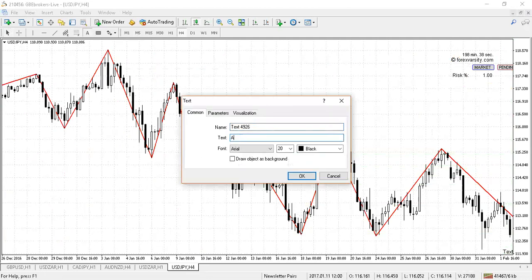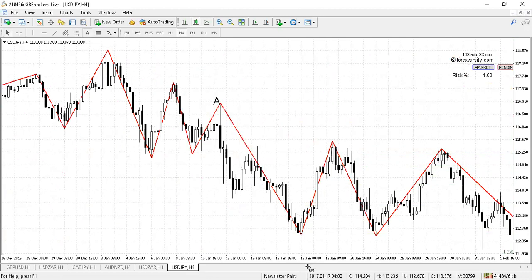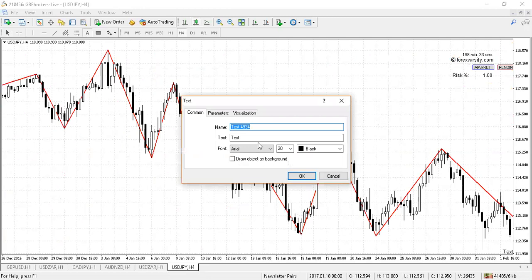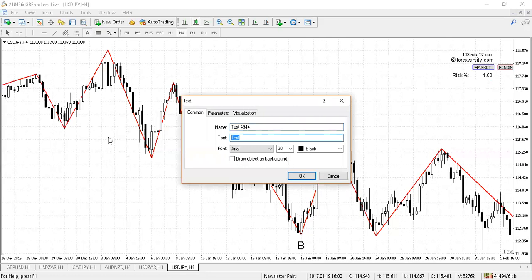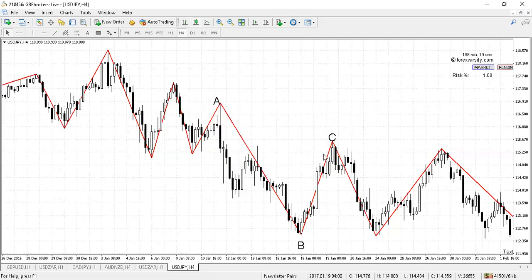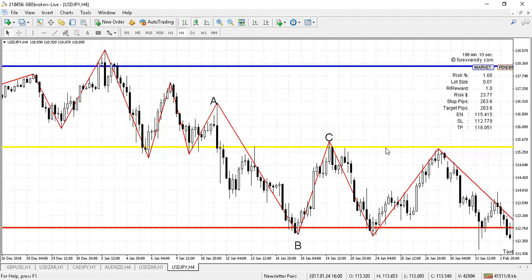So that is your A. This is your B. And obviously, you will have your zone set out, and you're going to be following the Forex Varsity rules. But ultimately, you're going to want to enter in on the C. So say, for example, you chose to enter in on the close of this candle, which would be this point.